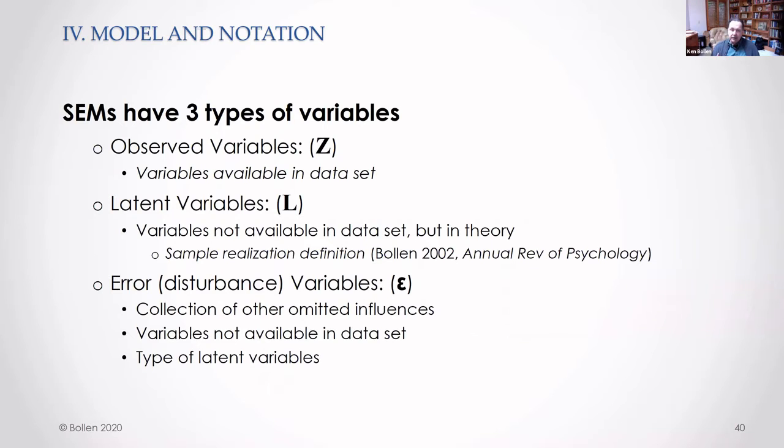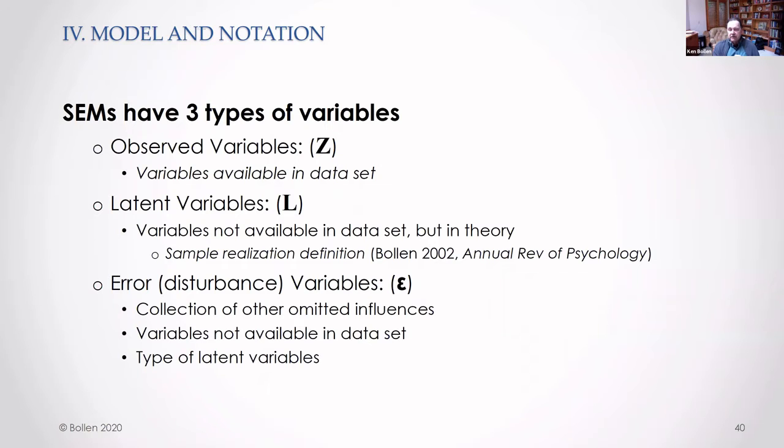The second type of variables are going to be called latent variables. These are the variables that we don't have perfect measures of, but they are in essence what our hypothesis is relating.